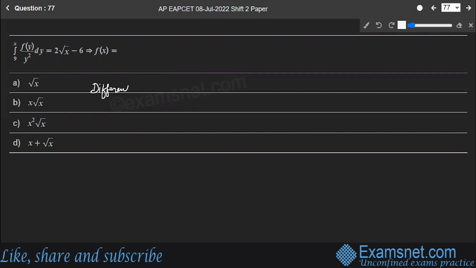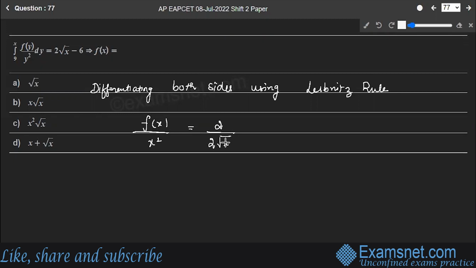Differentiating both sides using Leibniz rule, what you will get? So this will be f(x) upon x² is equal to 2 upon √x. Right?